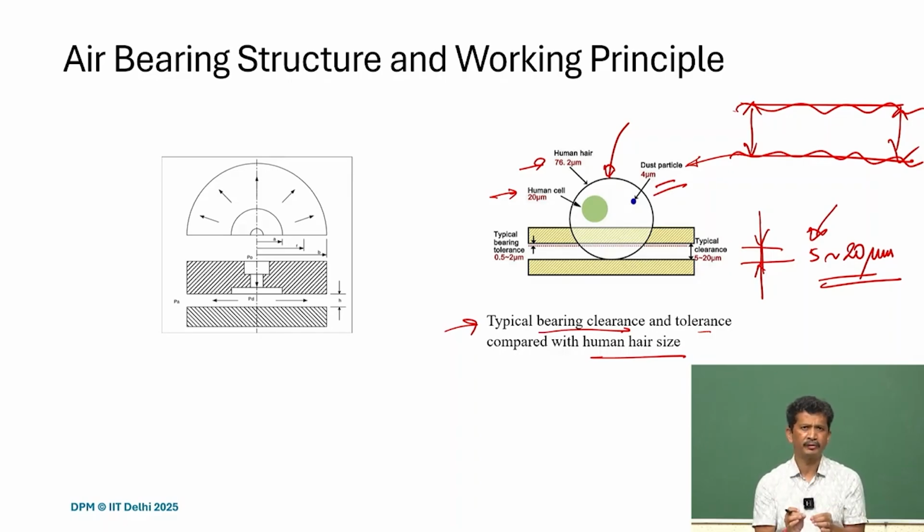It always purges, so it cleans the bearing surface, which is good. There are a lot of positives, but at the same time we also need to understand the requirements, and we have to design using those kinds of elements and those assumptions.